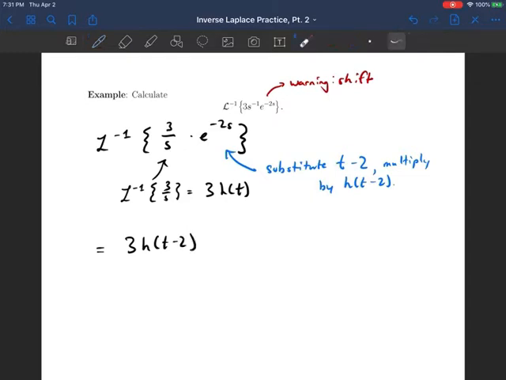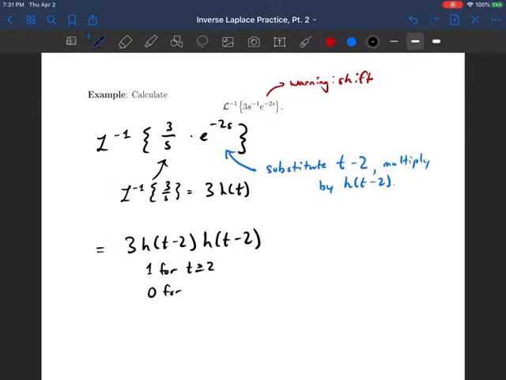So if we put that together, what we have here is 3h of t minus 2, right? That's substituting t minus 2 into the rest of the function there, and then multiplying by h of t minus 2.